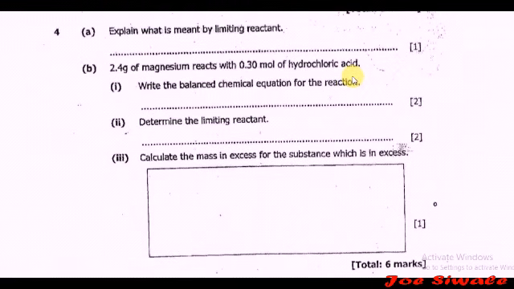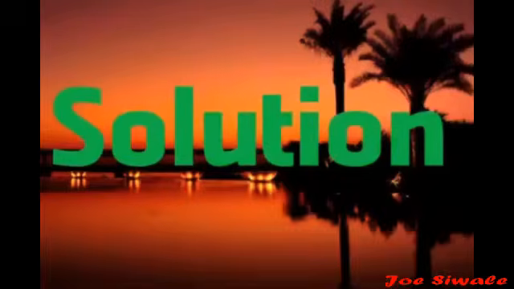Question B, Roman numeral 3 reads, calculate the mass in excess for the substance which is in excess. To find the mass of the excess substance, I know that the number of moles of the limiting reactant is 0.1 mole, and I know that the excess substance has 0.3 mole.